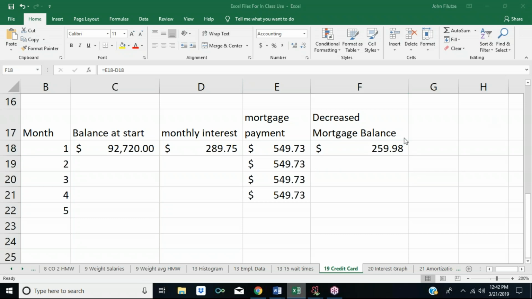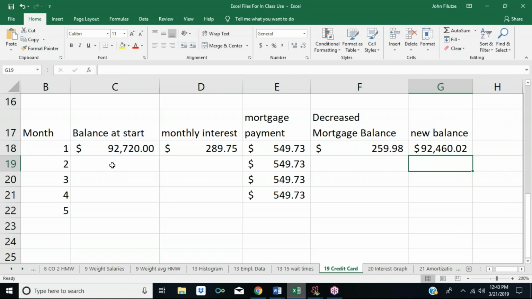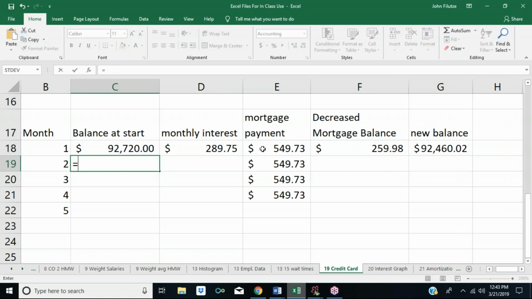If you wanted to go a step further, you could put the new balance out here. But we're going to do that anyway in the next block. The new balance is going to be this one minus the decrease, right? So we can do that down here though. So this one here is in the chart in your book, so we'll do it.